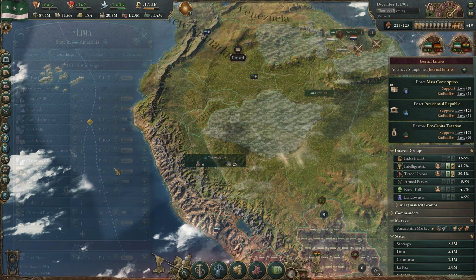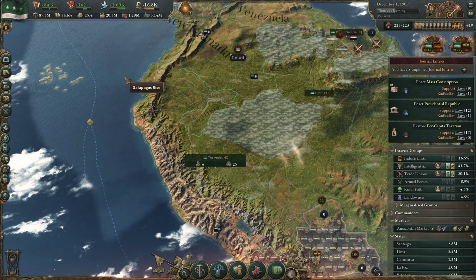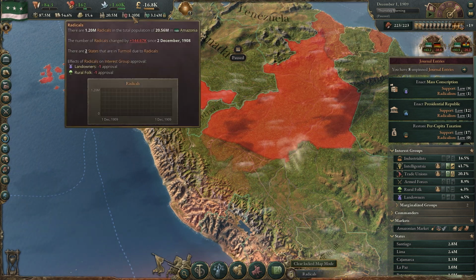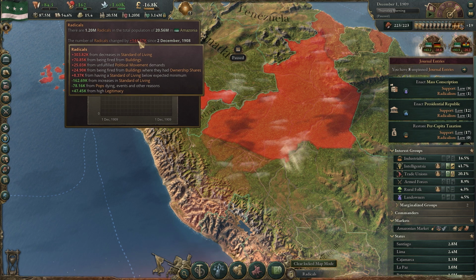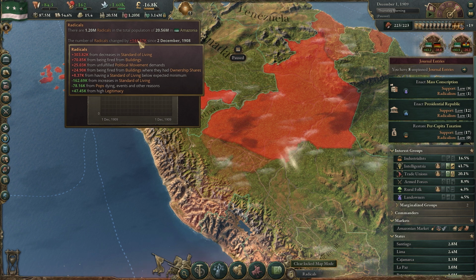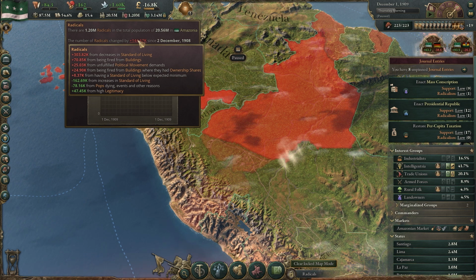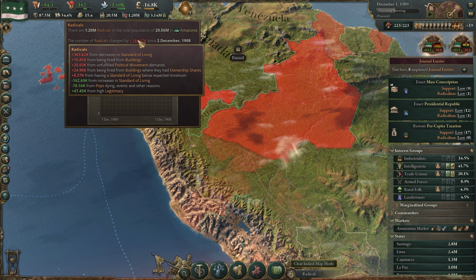One reason you may want to subsidize is to reduce radicals. It's not necessarily the best approach, but you still can. So you can see here the reasons why you're getting radicals is due to decreases in standard of living. So if people have jobs and aren't losing them, and you'll see that also in here, their standard of living will stay high and this number will decrease, which is really good.